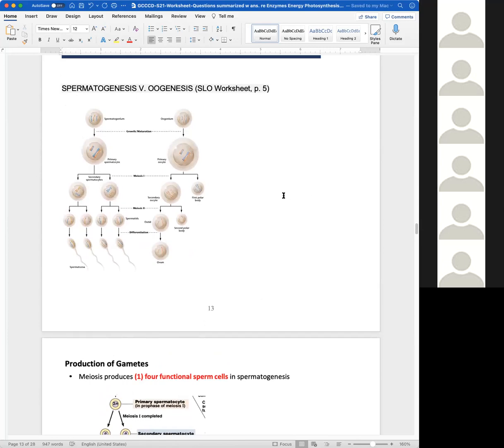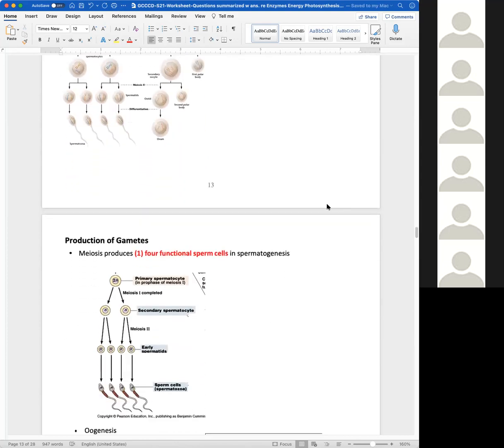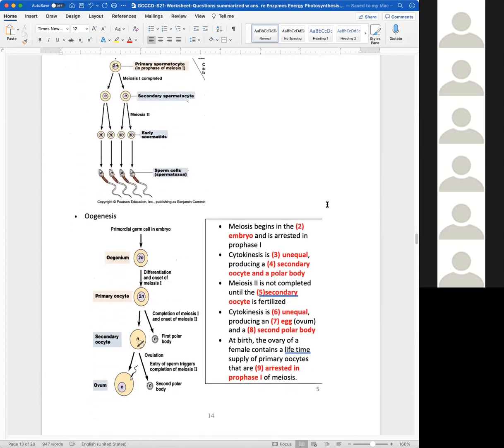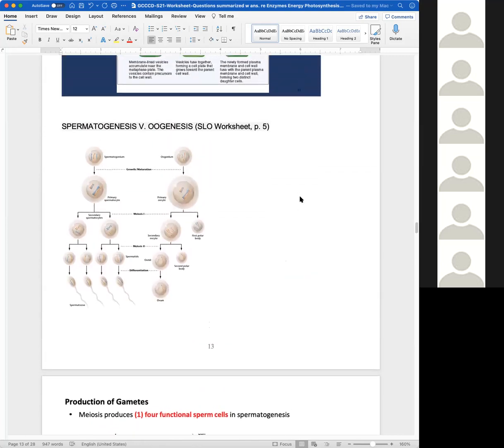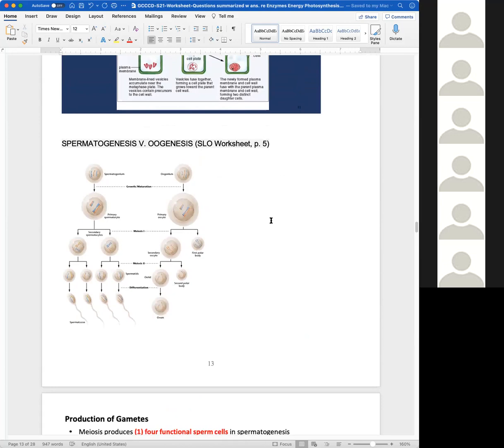And you'd have to study the worksheet really closely to come up with the answers to this. Now, the main point that is being made here is that when sperm are made, you start out with a single diploid cell, and you end up with 4 haploid cells, 4 sperm, that are all functional.